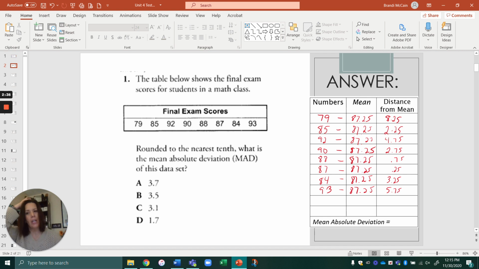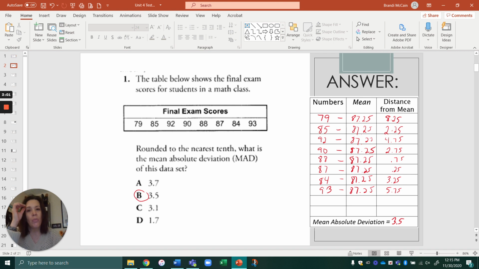You should have all this done on your paper. Then we add all these numbers together, 8.25, 2.25, 4.75, all those, and divide by 8. We get 3.53, which is about 3.5. So on number 1, you should have gotten B for your answer.